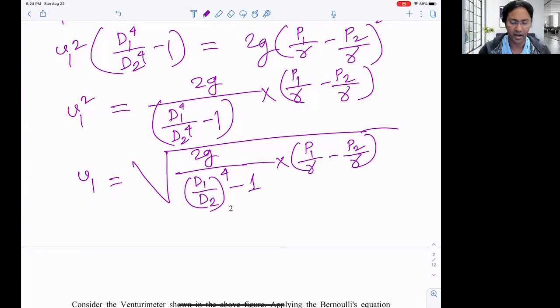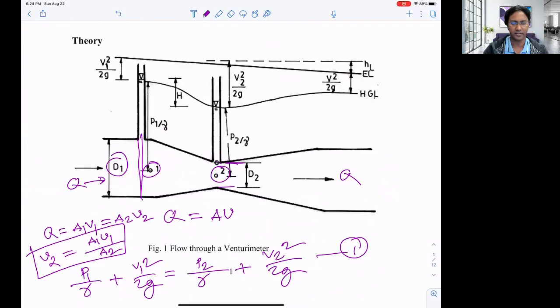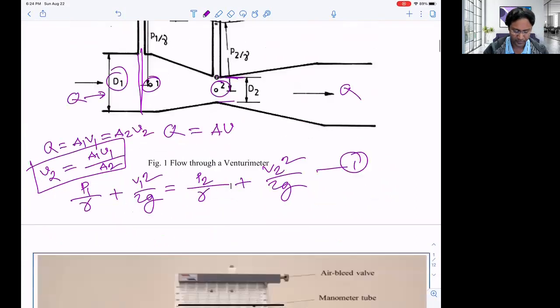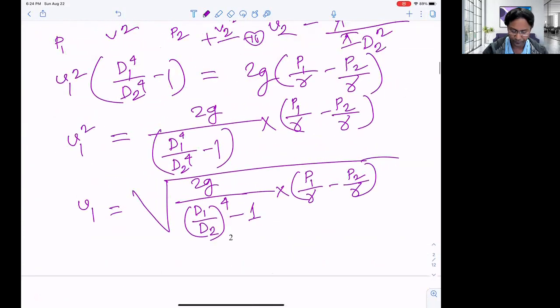That's the velocity at section number 1. You can see at section number 1, that is the velocity. If you know the diameter D1, if you know the diameter D2 at the throat, and if you know the pressure differential here, you can easily calculate the velocity at section number 1.